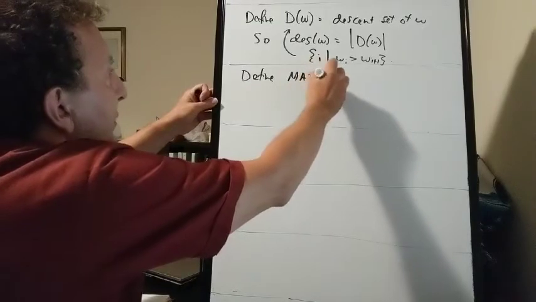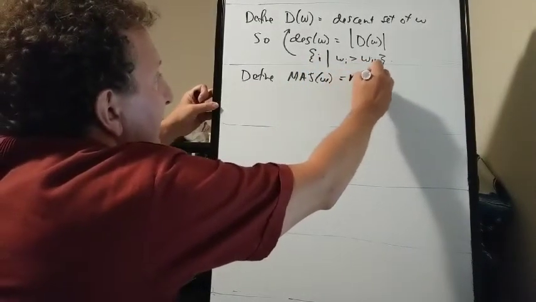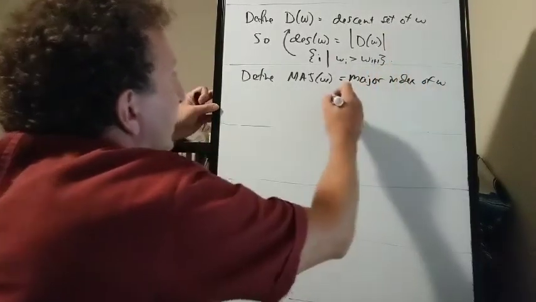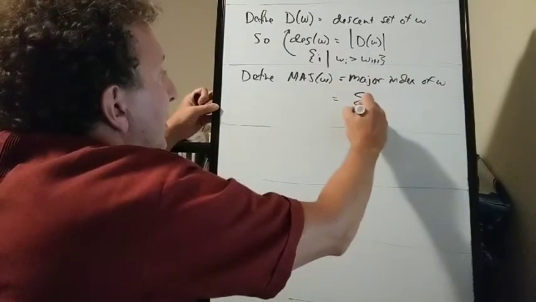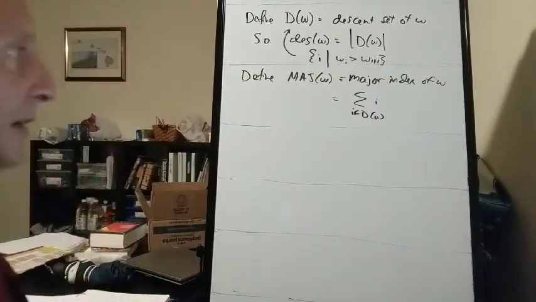Then we define Maj of W, the major index of W, to be the sum of all indices in the descent set.